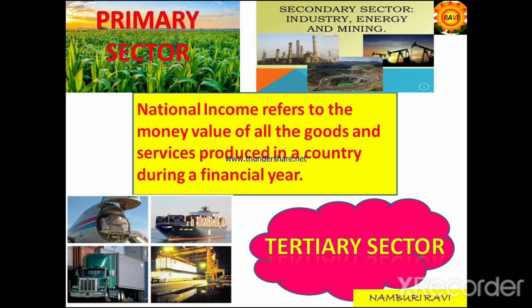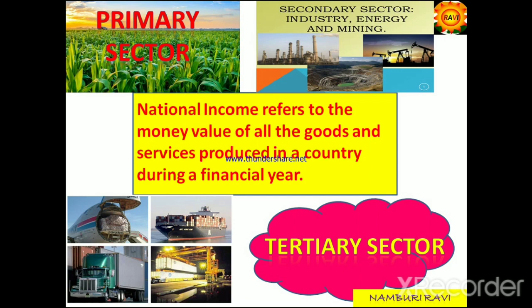National income is also known as the GDP, gross domestic product. Once again, all of you understand, national income is nothing but the total income coming from the primary sector in a financial year from the 1st April to 31st March, the total income coming from the secondary sector, and the total value of services from the service sector.